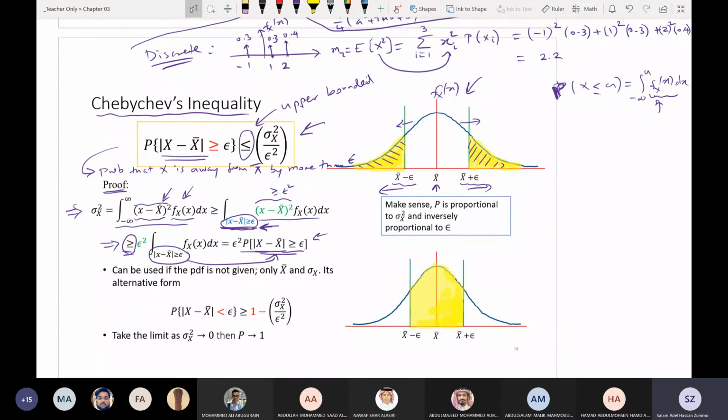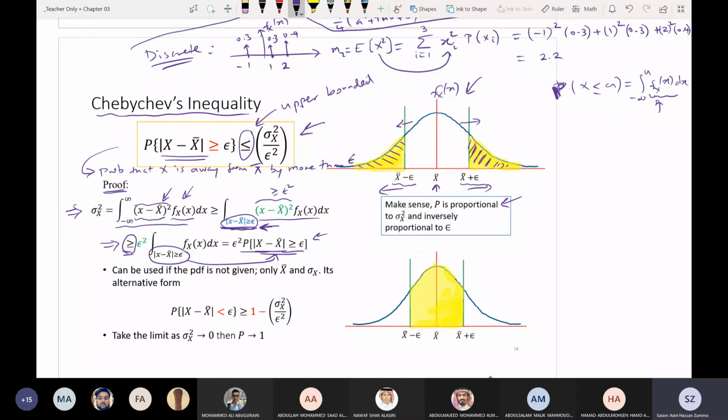طيب, you can see that the probability here is proportional to sigma x squared. So you can see from this plot that the probability that x is away from its mean by more than epsilon, the shaded yellow area, increases as sigma x squared increases, right?